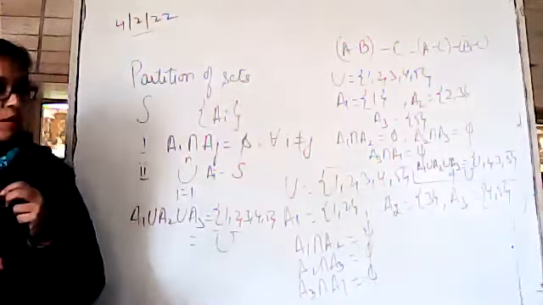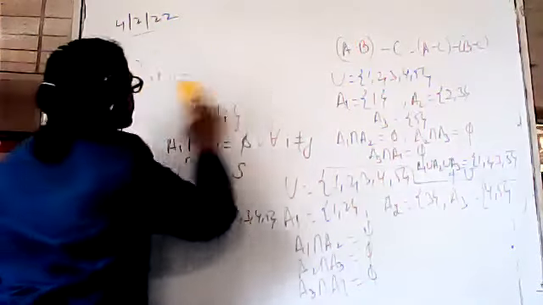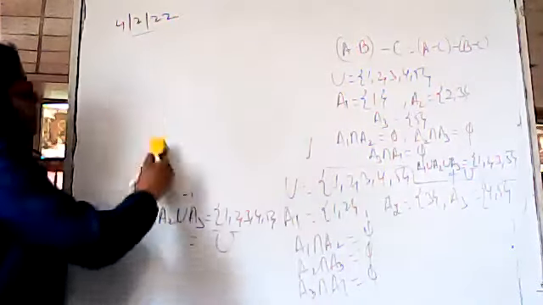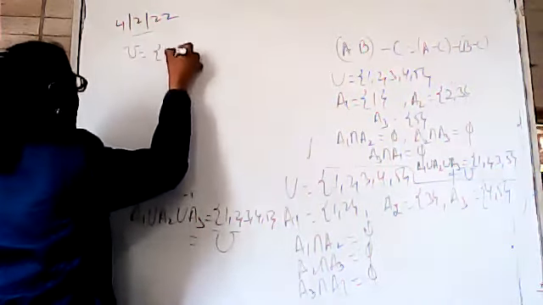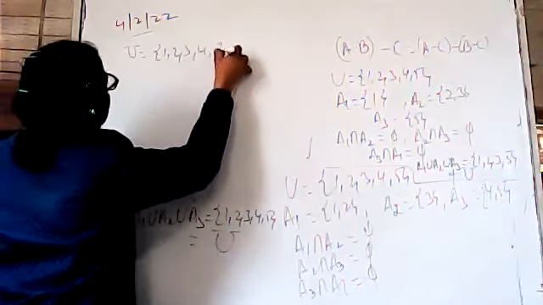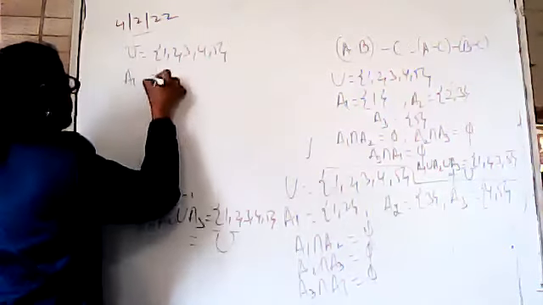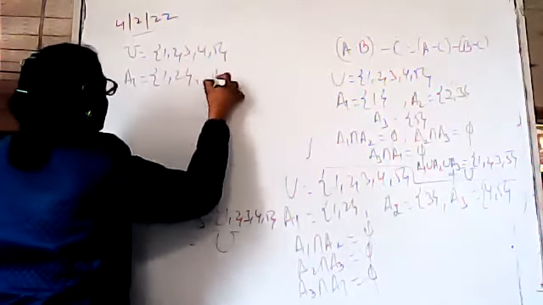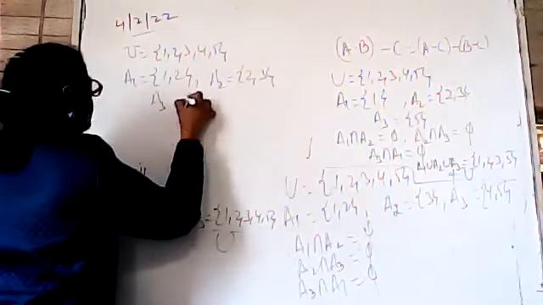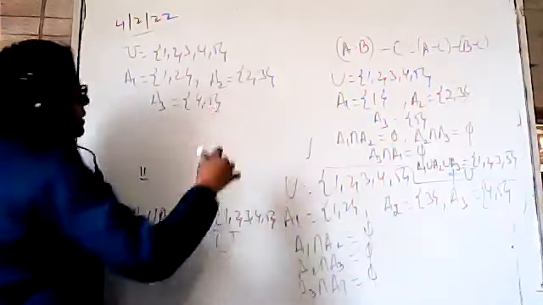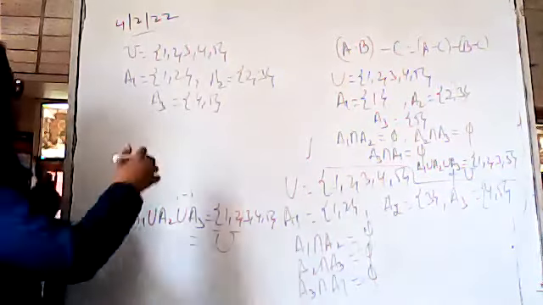Let us take one more example. Let us suppose we are having the set U as, let it be same again, 1, 2, 3, 4, and 5. Let us suppose A1 is equals to 1, 2, A2 is equals to 2, 3, A3 is equals to 4, 5. Let us suppose we are having such subsets.